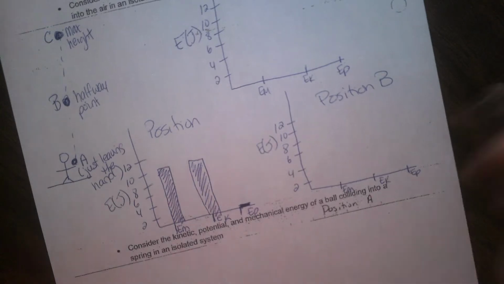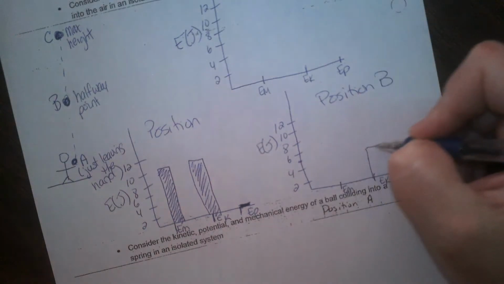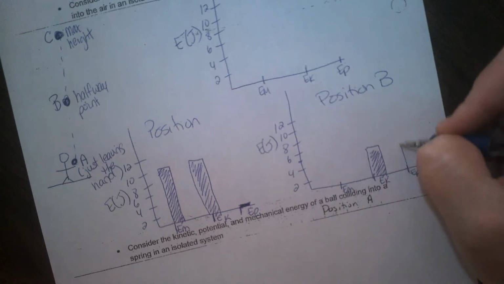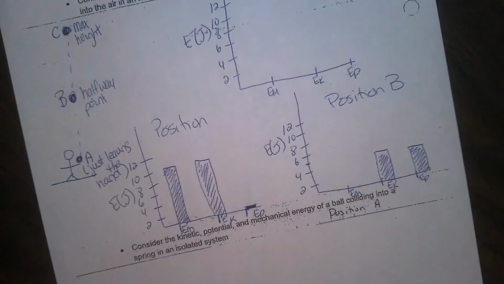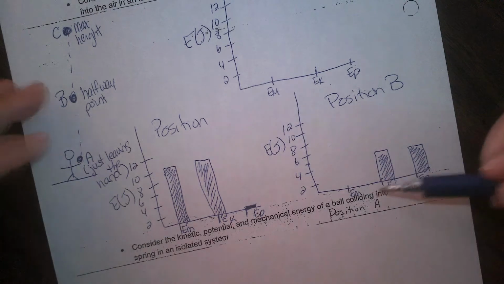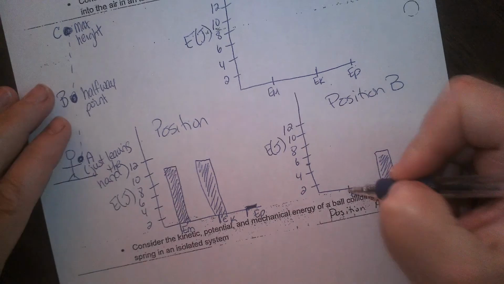They would be the same. So they would be roughly 5 joules because it can keep going up or it can come back down. It has options. And so what would my mechanical energy be? How much? 10.